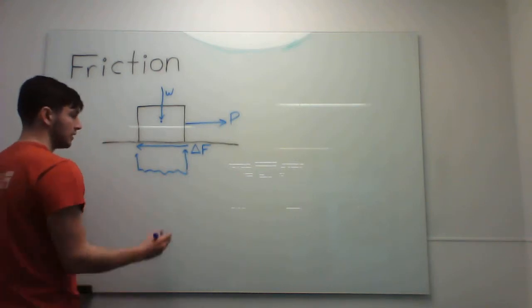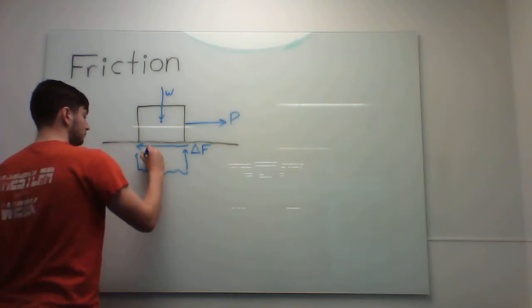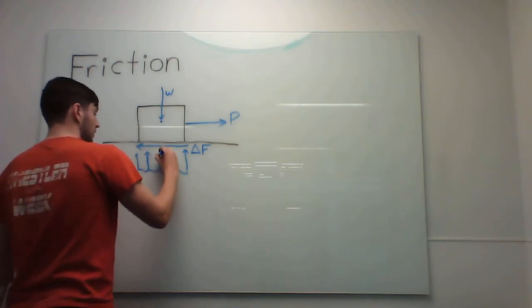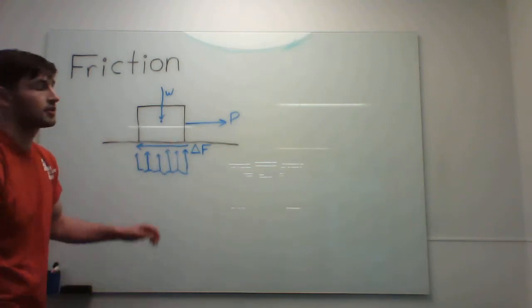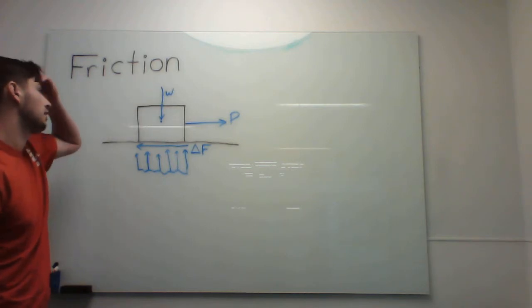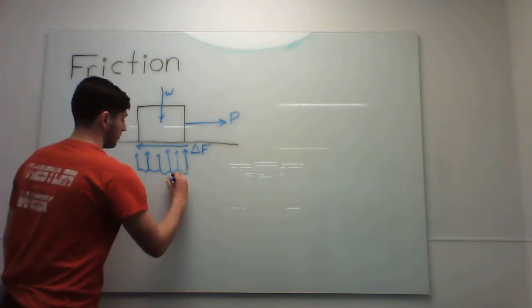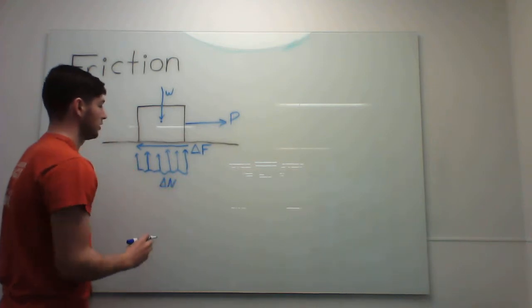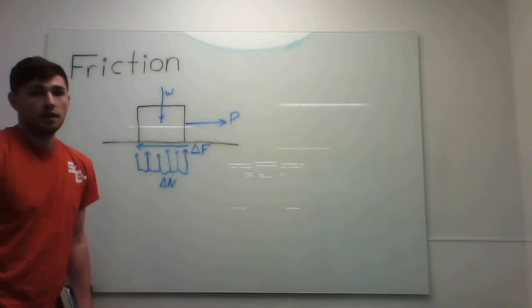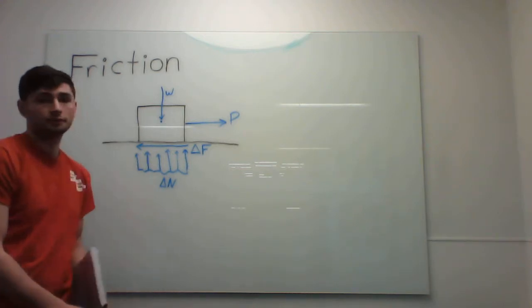Just like that, it's going to be uneven. So in every spot, it's going to be applying a different amount of force back up onto this box to counter the weight of the box. And it's going to be the normal force with N, but we're going to call it the change in the force of N to show that it's uneven, really.